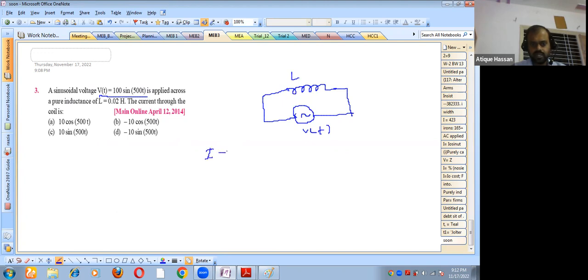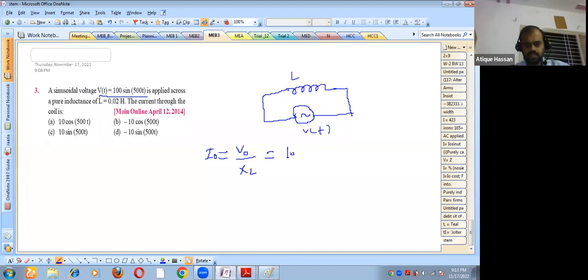We can directly calculate I. First we will calculate I naught. So I naught is equal to V naught by XL.